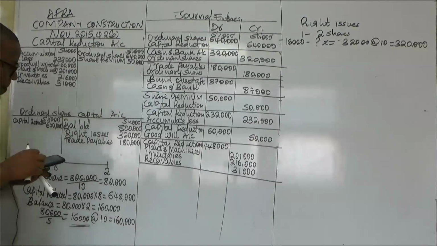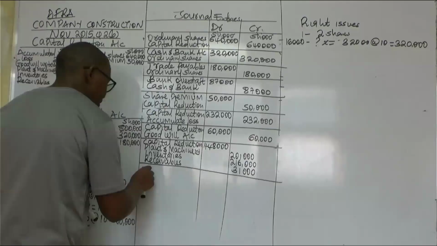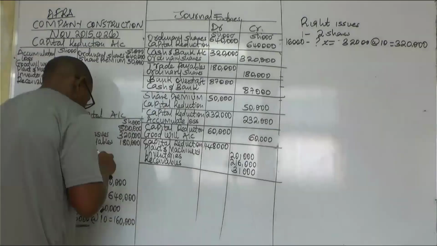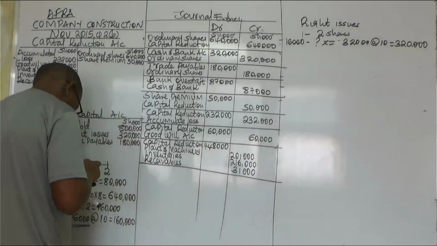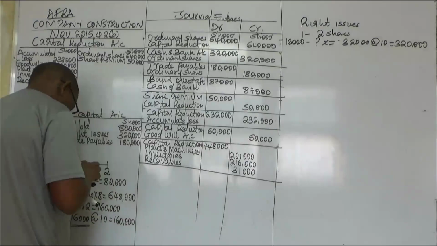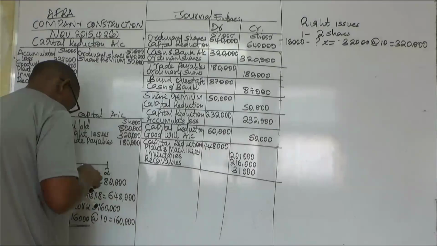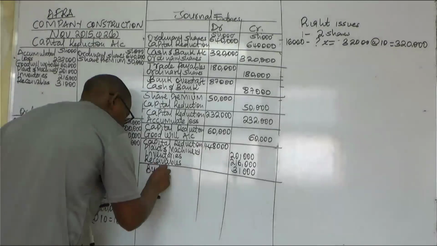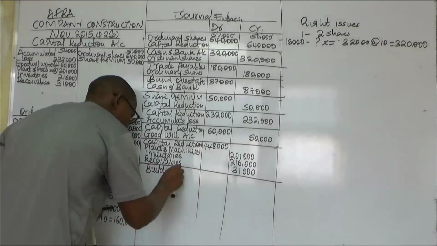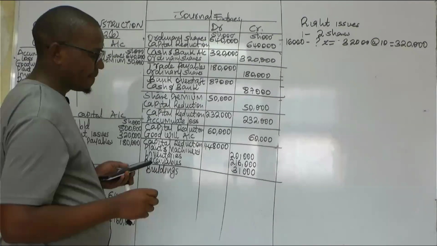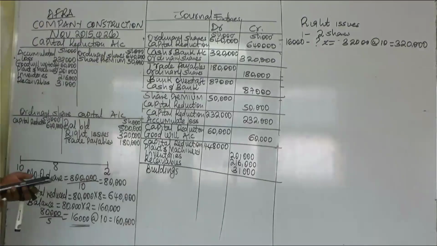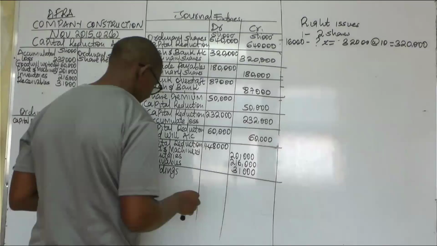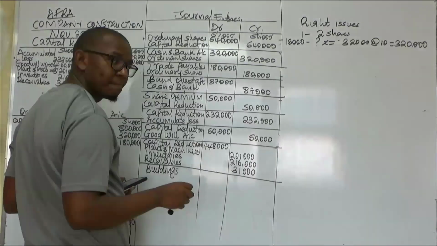We also have the building that was a revaluation gain. So I'll debit the building. Buildings were revalued by how much? 15.